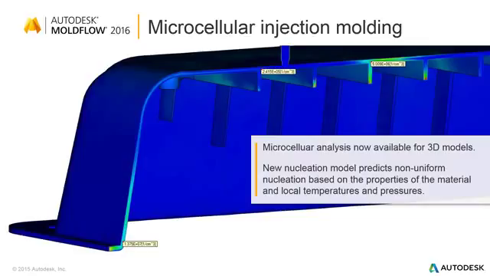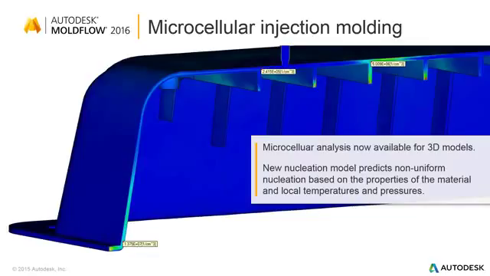We also added new MuCell capabilities into our 3D code. In case you are working with chunkier parts, or parts that have a big transition between thin and thick walls, the new 3D MuCell code might be something you want to look into.